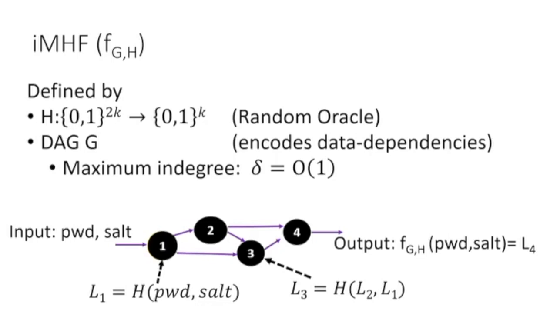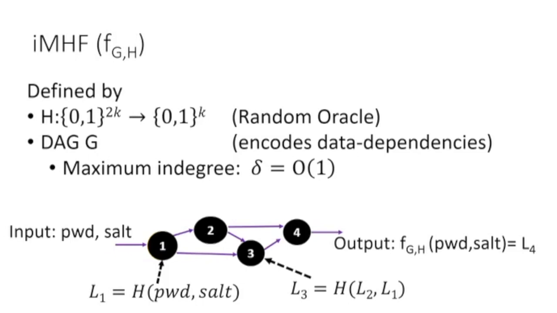Okay, so what does this directed acyclic graph mean? Well, essentially, the directed acyclic graph encodes data dependencies, right? So each node here corresponds to an intermediate data label that's produced during computation, and edges basically specify that label 4 depends on data label 2 and data label 3, right?